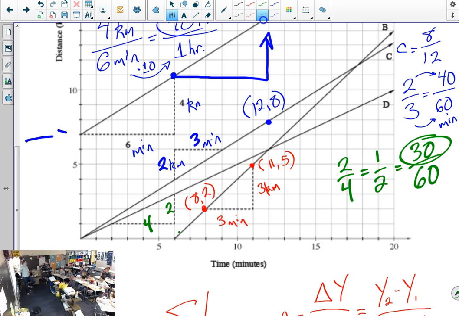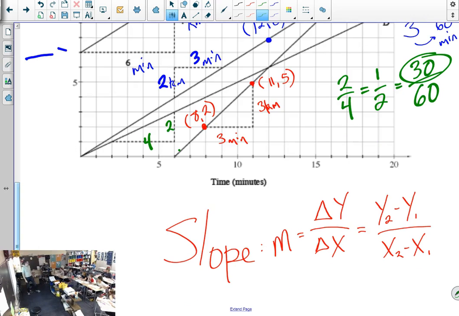Can you scroll down to the equation? Let's just say y2 was 6 and y1 was 3. Then the change in y and the change in x would be 3 over 3, and then you do the division. The fraction is one way to represent the slope. Some people might say the slope is 5/4.